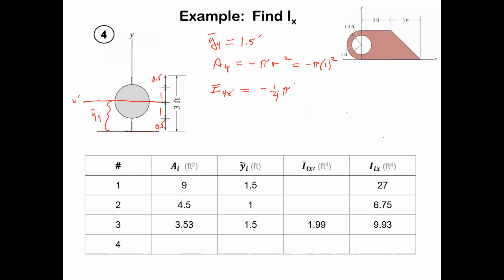So this is the moment of inertia that whatever material that would have been there is not providing, which we accounted for in these other two shapes, the rectangle and the semicircle. We've counted that material. Now we've got to remove it. So it has to be a negative contribution. And it's minus 1/4 pi r to the 4th, where in this case, r is 1, because that's the size of the hole. So minus 1/4 times pi times 1 to the 4th power, and that equals minus 0.785.